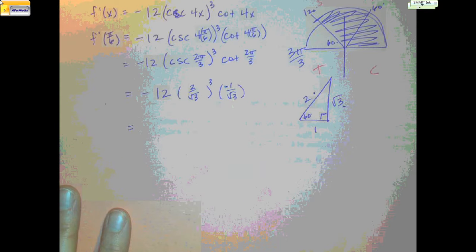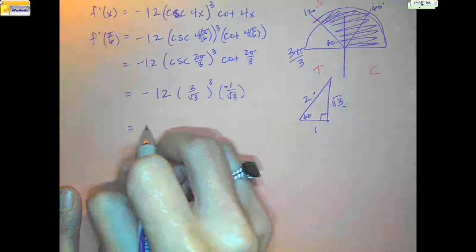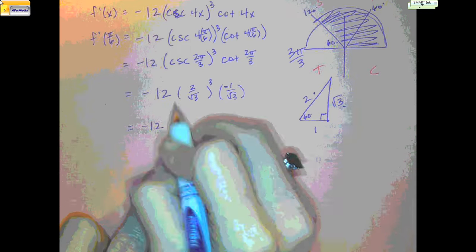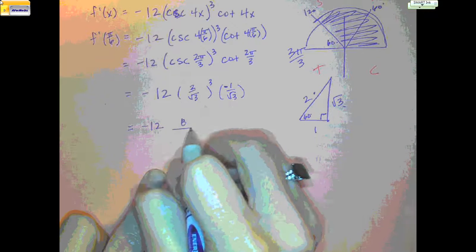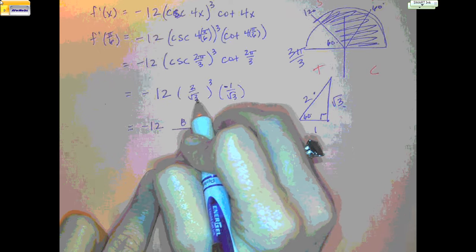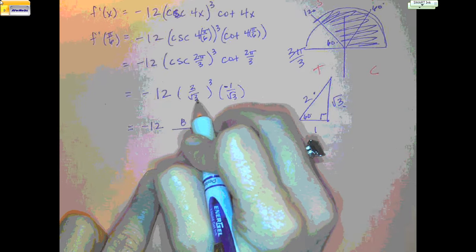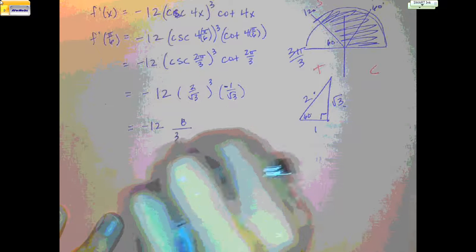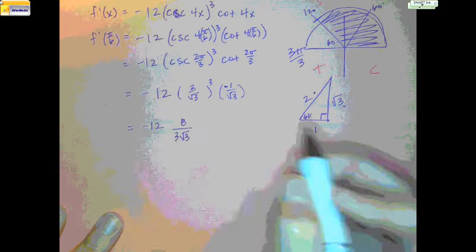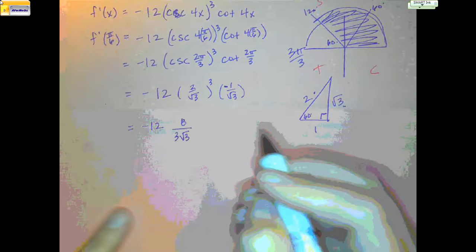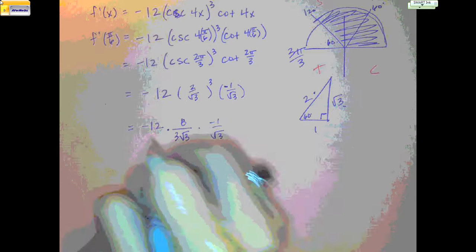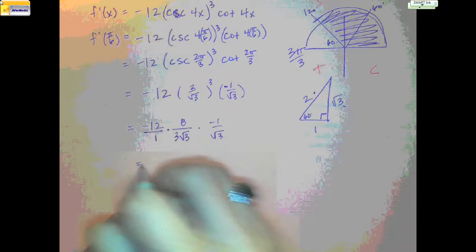Now we can kind of start to take this thing apart, or put this thing together. We've got negative 12. 2 cubed is 8. Radical 3 cubed. Do you know what that is? Radical 3 times radical 3 times radical 3. So it's 3 radical 3s. And then we have times negative 1 over radical 3. Let's multiply all of our tops and all of our bottoms.